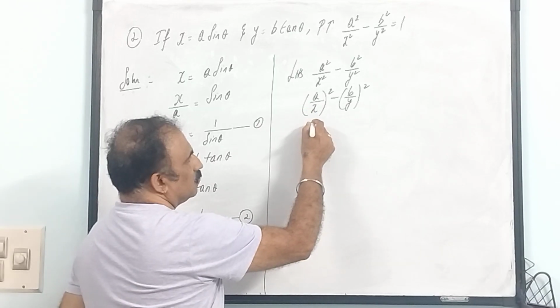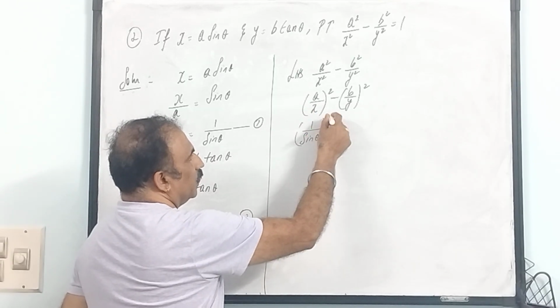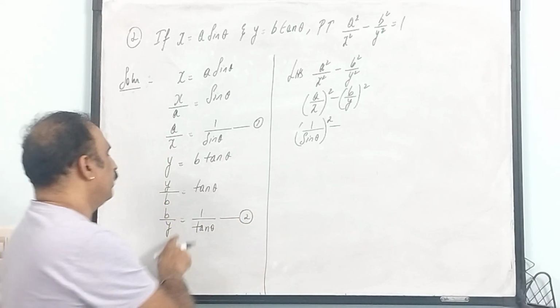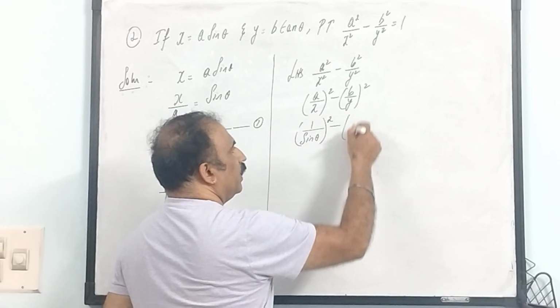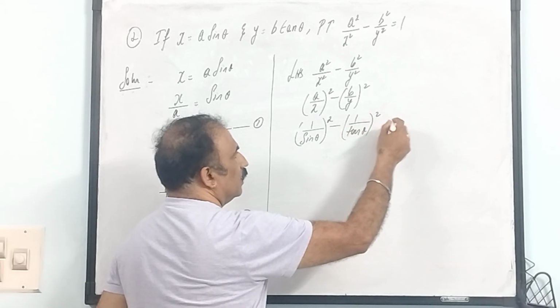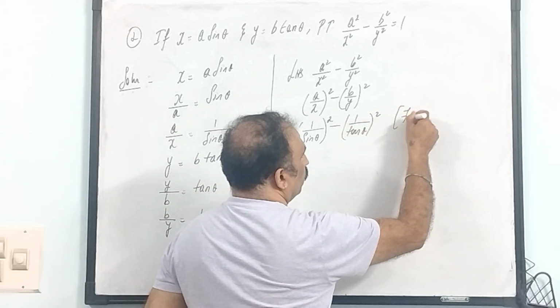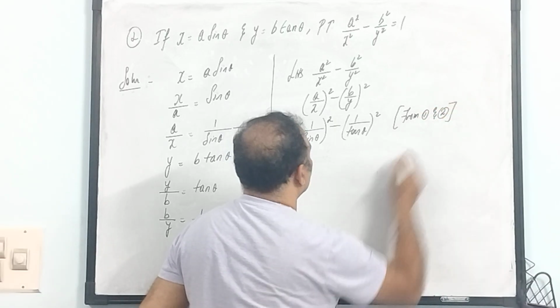So in place of x, I write it as 1 by sine theta whole square minus b by y, I've got a value as 1 by tan theta. So I write it as 1 by tan theta and that square along with that. So here I'll write from 1 and 2, the substitution.